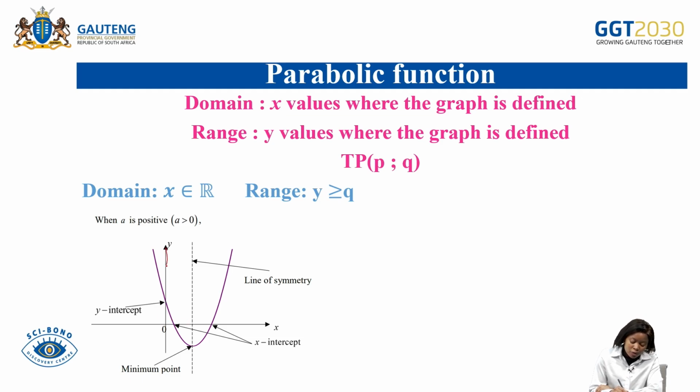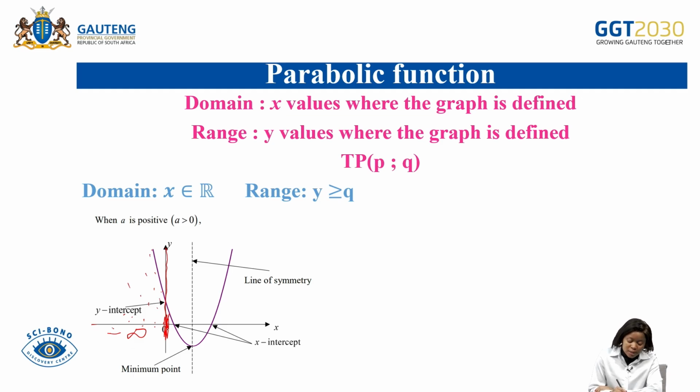If I'm looking from here and concentrating only on the values of x, it means the negative values of x are going to be covered by this graph. We don't know where it's going to end because it's a continuous function, so all the way to negative infinity is covered.